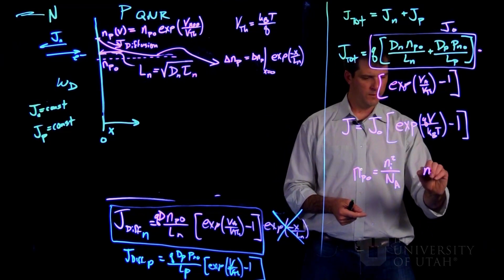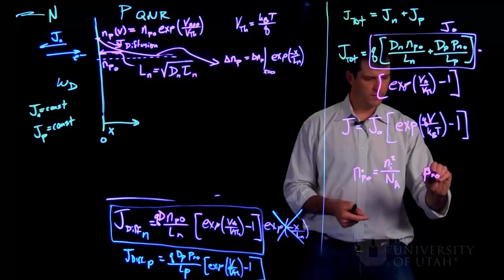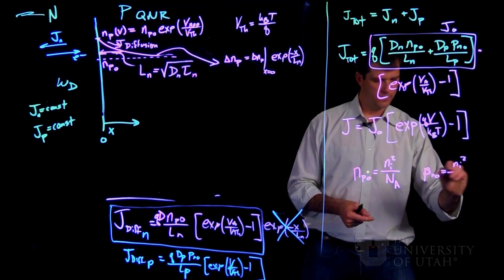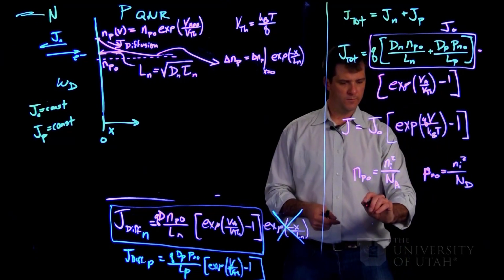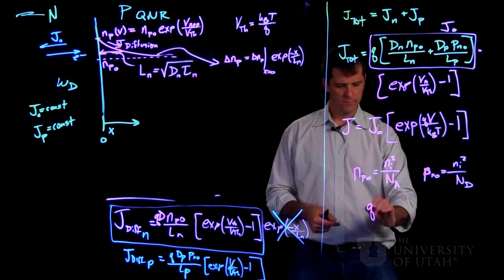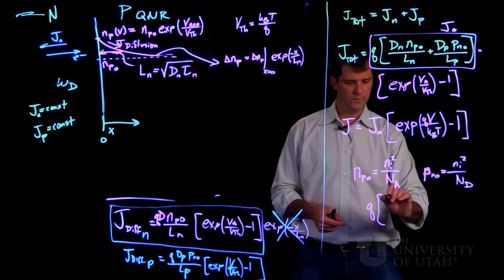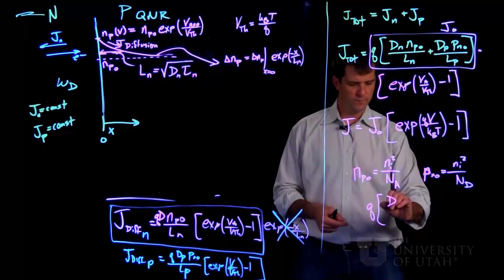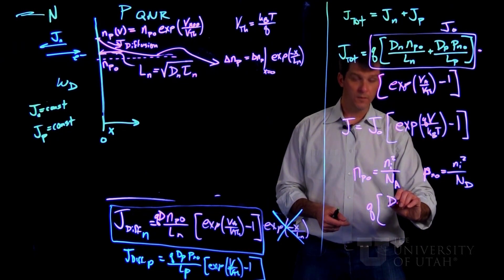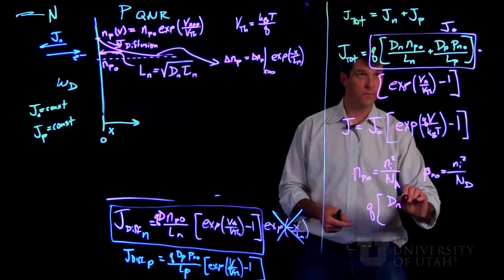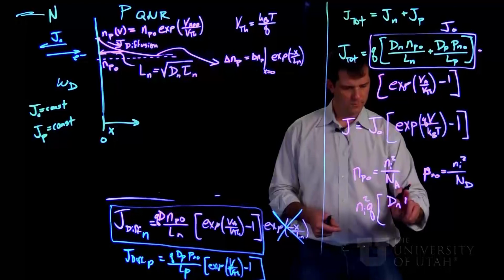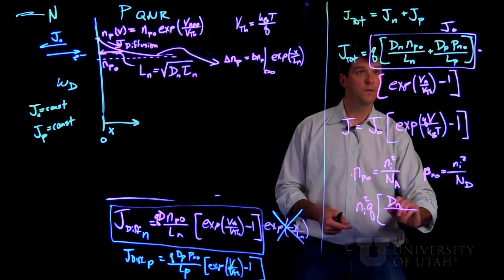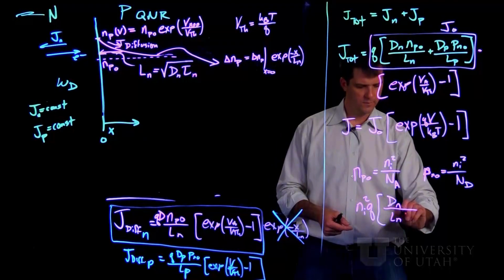And similarly, pn0 is Ni squared over Nd. Substituting those in, we get q times the diffusion of the electrons on the p-type side, and I'm going to pull out the Ni squared for both sides, over Ln.